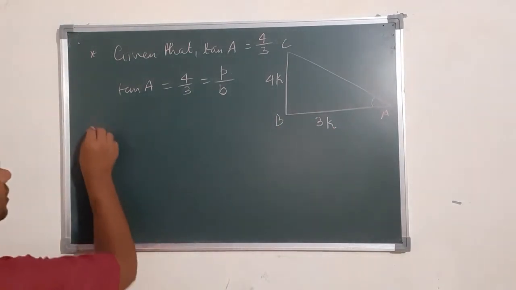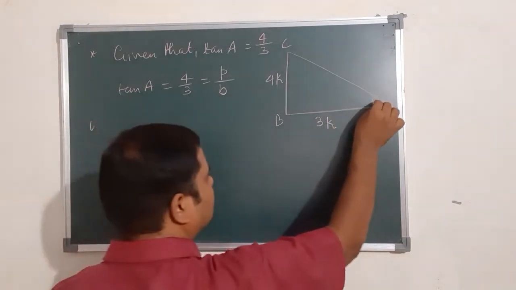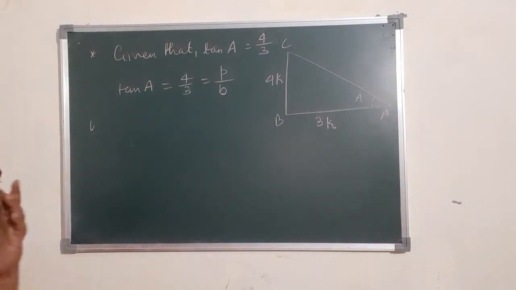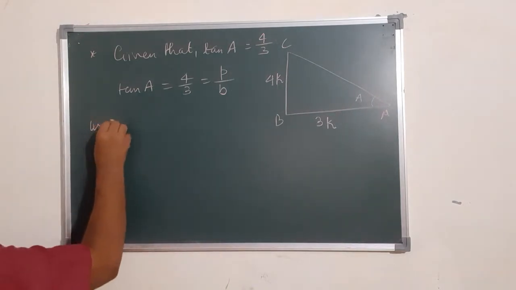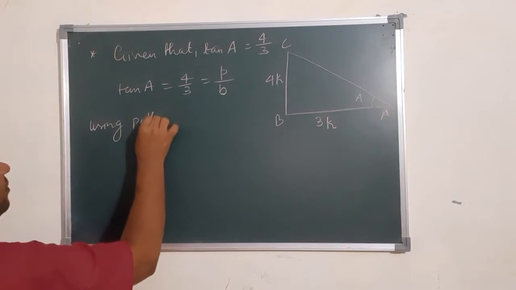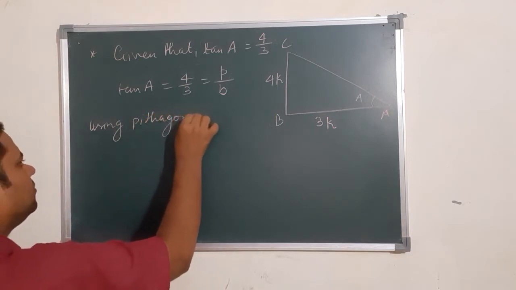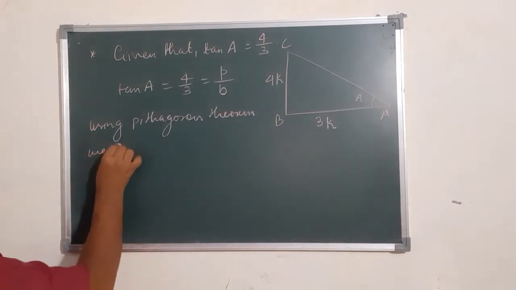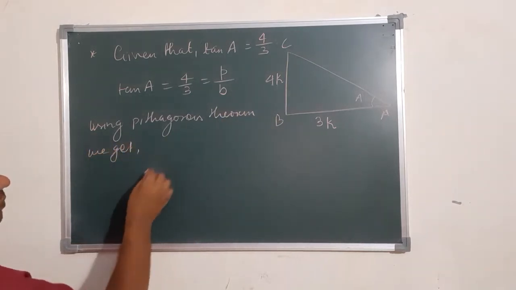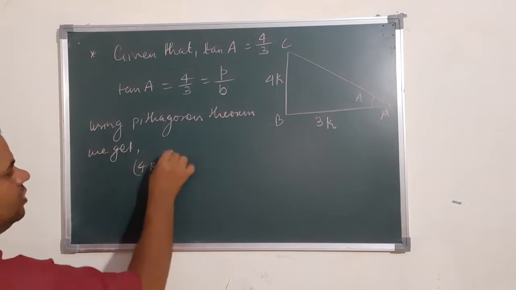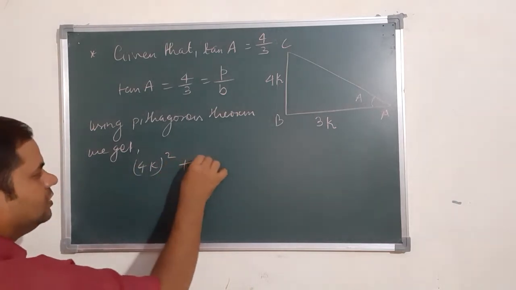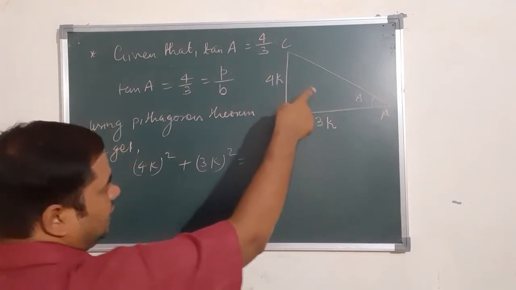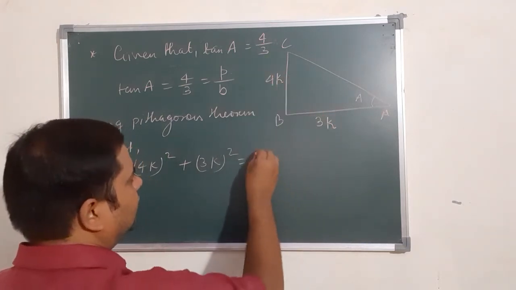Now, using Pythagoras theorem, and this is the angle A, the angle of consideration. So using Pythagoras theorem in this triangle, we get (4k) square plus (3k) square is equal to the hypotenuse, that means AC square.